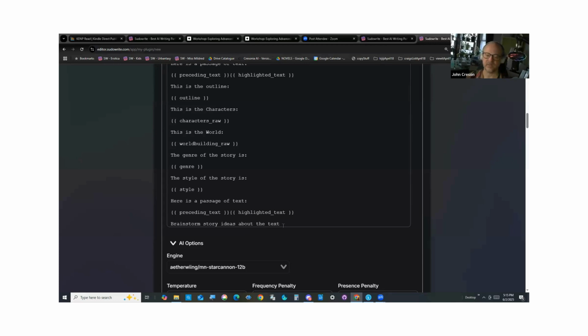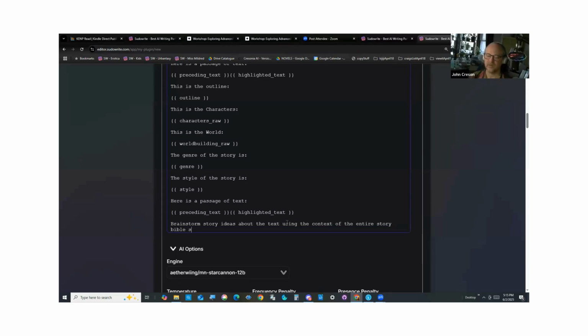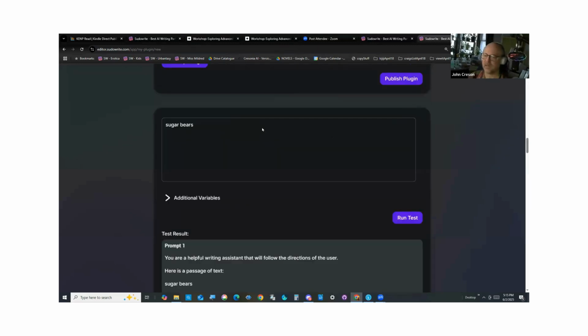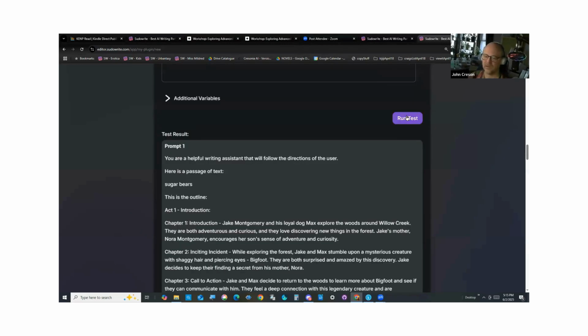Okay, so brainstorm story is about the text using the context of the entire story so far. So I think it's possible that it was ignoring it there. I need to be careful about which model you use when you read 20K words because of context window issues.